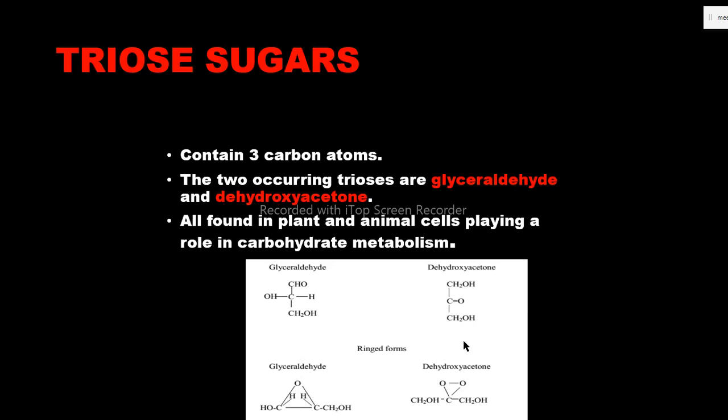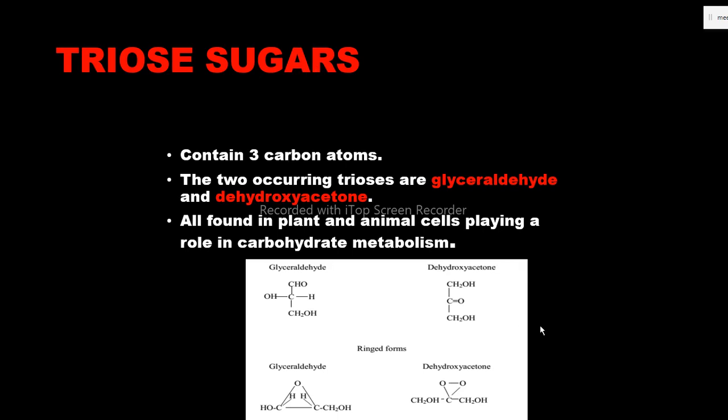But I need to give you a hint, I need to give you the real science. Nobody is going to draw this structure and ask you to name it. But you know that glyceraldehyde is a triose sugar, and dihydroxyacetone phosphate is also a triose sugar.